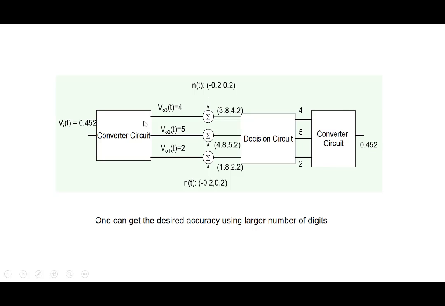So you are able to get back the value despite the presence of noise. You're sending a signal, and despite noise getting added to it, you're able to recover the final value. As we are trying to say, when you convert an analog into a digital number, there is a loss of accuracy. But depending on your application and your interest, you can decide how many digits are sufficient. If 2 digits are sufficient, that's fine. But if you need more accuracy, you can do a 3-digit conversion, or a 4-digit conversion.